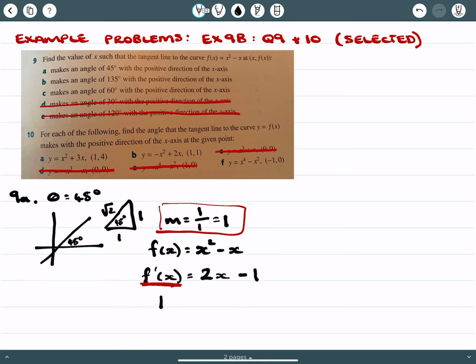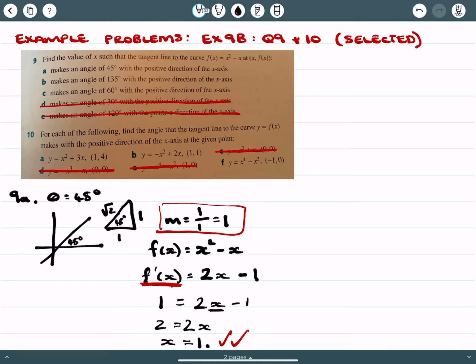So I have 1 equals 2x minus 1. What I'm really trying to find is at what value of x this exists. So I get 2 equals 2x, and x equals 1. That's the correct answer for 9a.